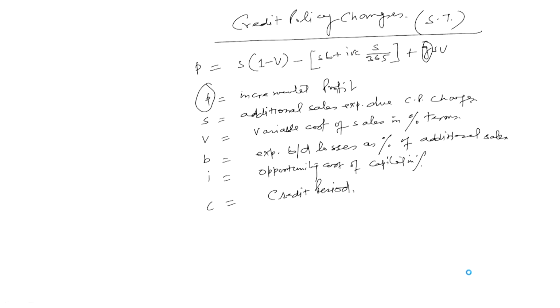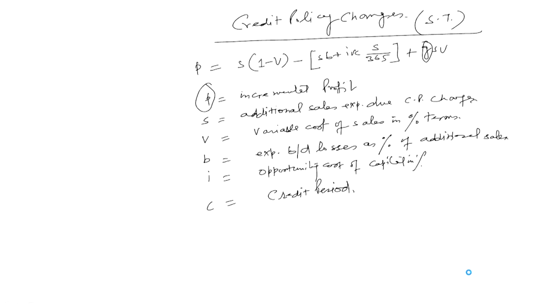There we calculated the marginal profitability, P, and then we saw the increased cost, but there we took into account the variable cost only. We did not take into account the total cost.